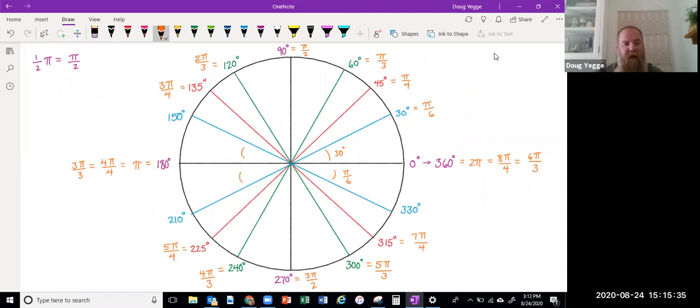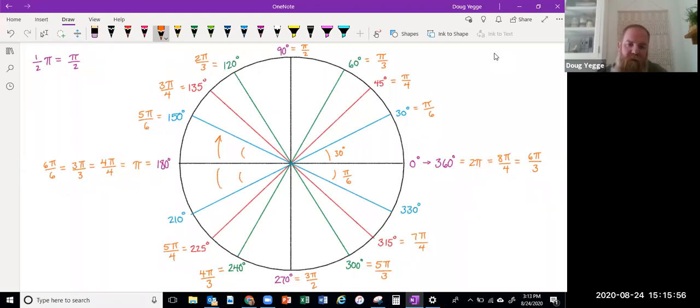So if 180 degrees is equivalent to 6 pi over 6 radians, then all I really need to do is take 1 pi over 6 away from 6 pi over 6 to get 5/6 of pi, or 5 pi over 6.